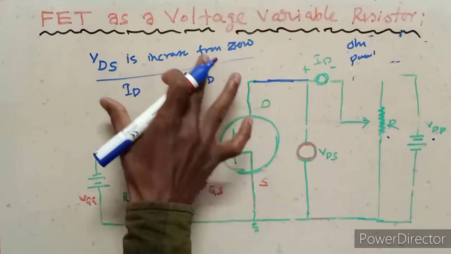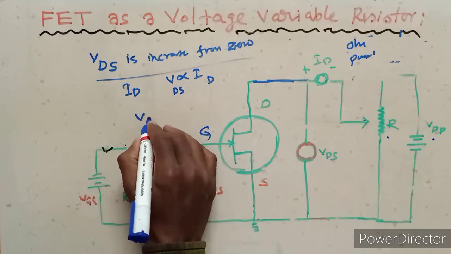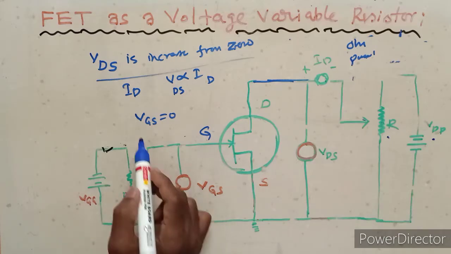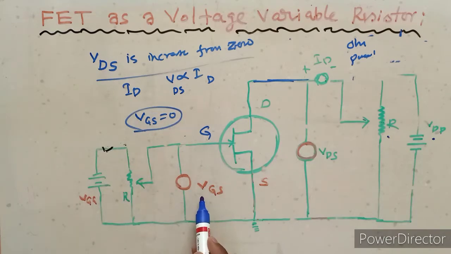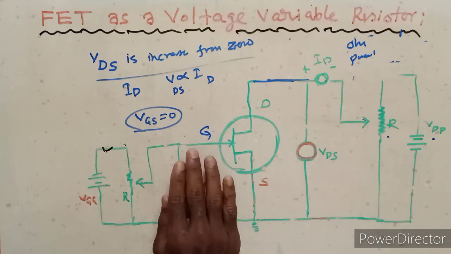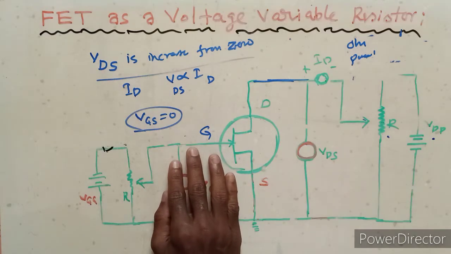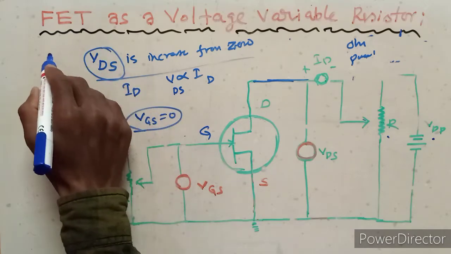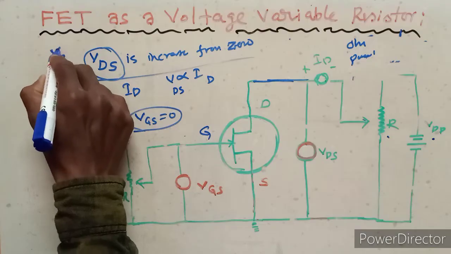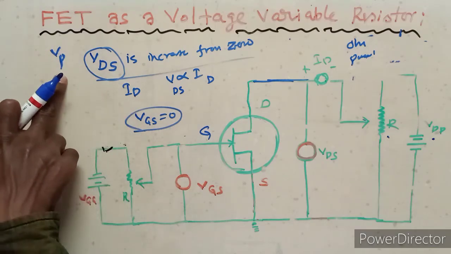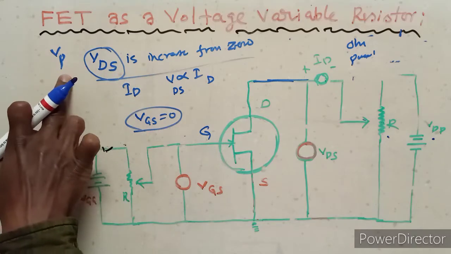In this region, VGS is 0. VGS means the voltage between gate and source. So this voltage is 0. Then VDS is equal to the pinched off voltage. We can observe in the graph of the characteristics.